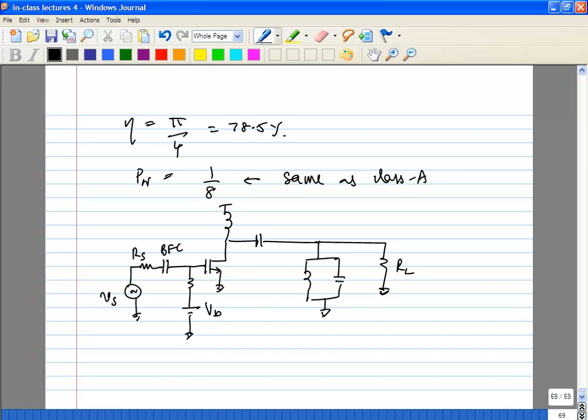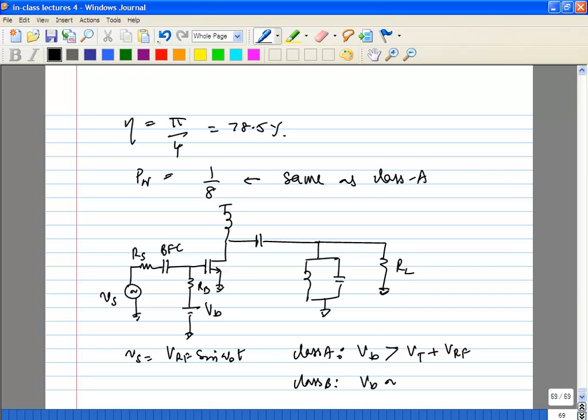This is the biasing capacitance, and you have some biasing resistance. Let's say your input is some sinusoid. For class A, you want Vb to be greater than Vt plus Vrf, so that at the lowest end of Vrf, the transistor will still be on.